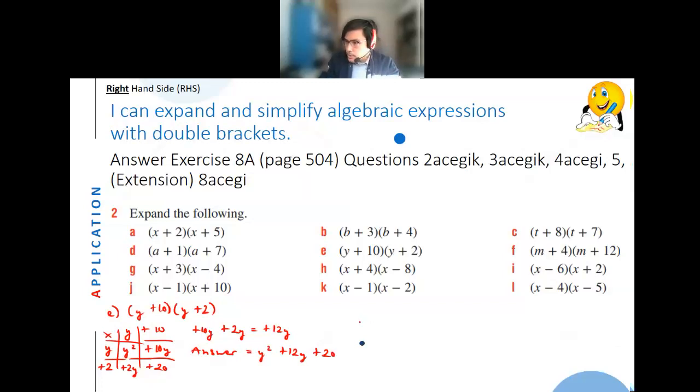Next is G. With G we've got x plus 3 multiplied by x minus 4. So we have a negative this time. So x plus 3 at the top, then x minus 4 down this column.